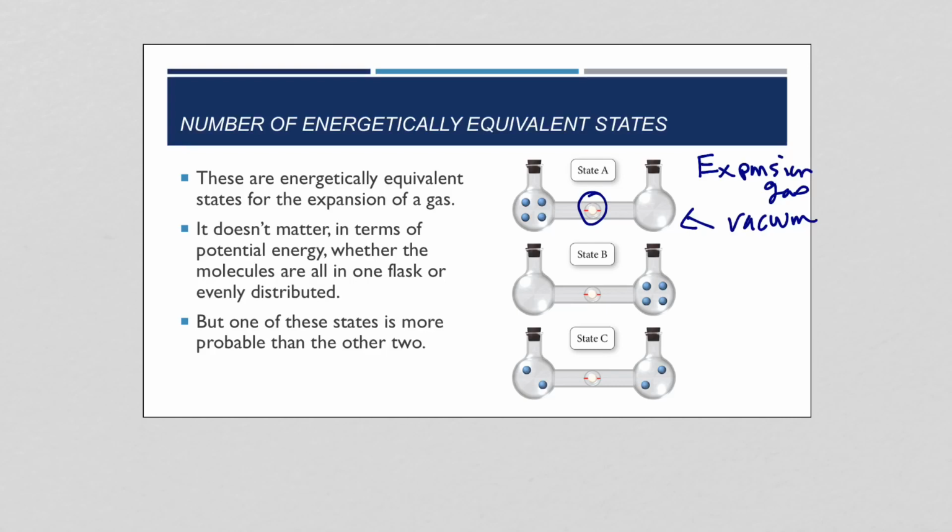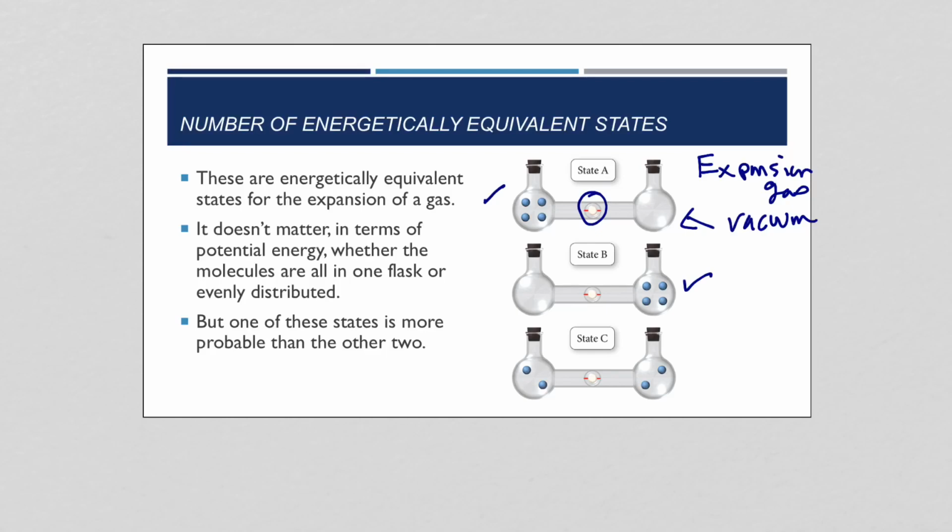And so, when this happens, we can imagine 3 different possibilities. Now, there are more than 3, we're just going to consider these 3. So, we could consider all of the gas to exist on one side or the other. If we think about the random movement of these gas molecules back and forth, we could imagine a state where all 4 of them are on one side or on the other side.